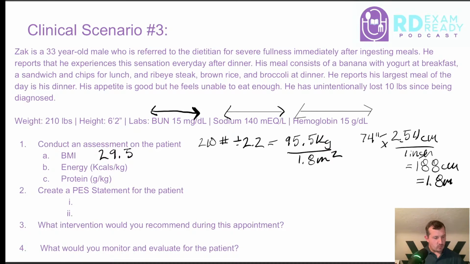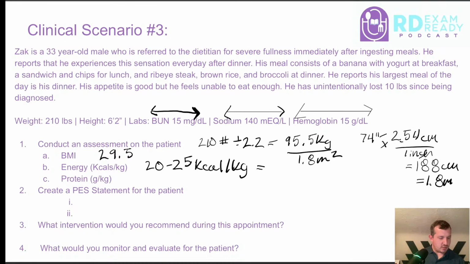You know, for me, if I wanted to predict how many calories he probably needs to maintain his weight right now, I would say maybe I'm going to use 20 to 25. What do you all think about that? About 20 to 25 kcals per kilogram? That's what I would use.